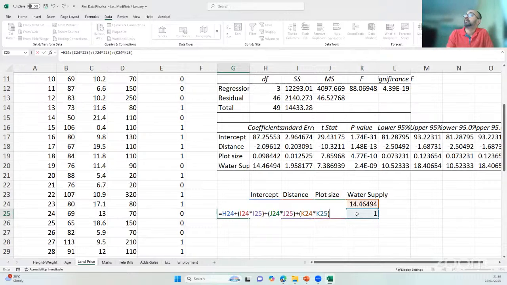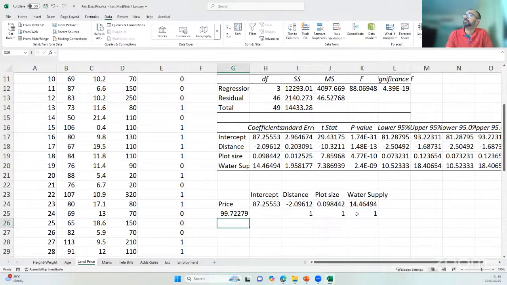So that is the estimation for a given value. It goes like this.